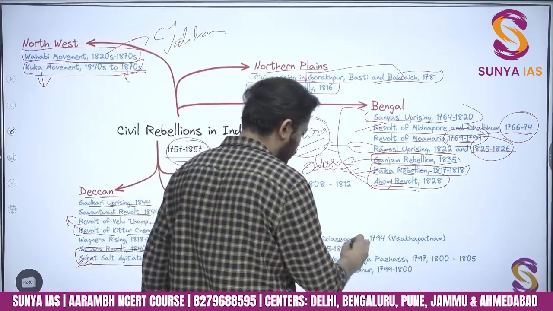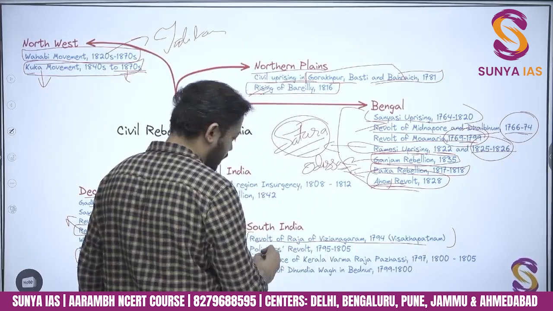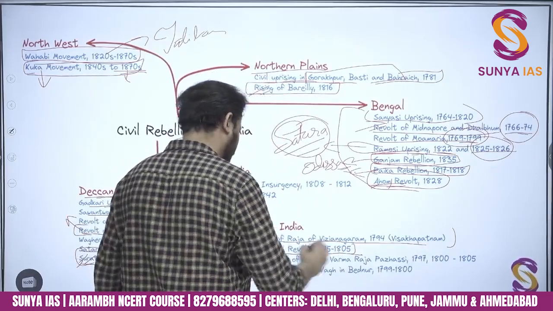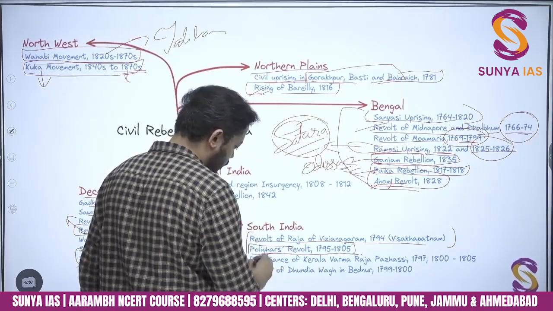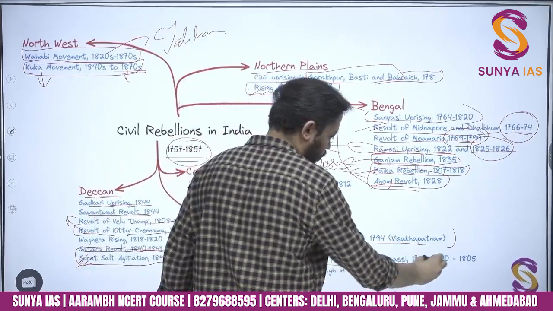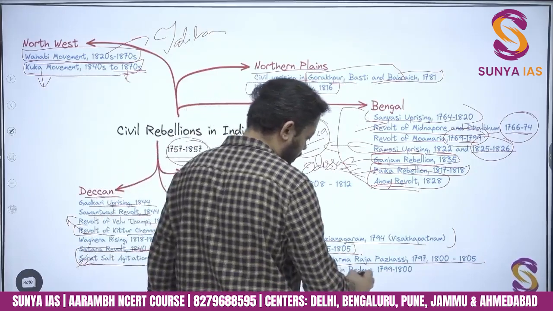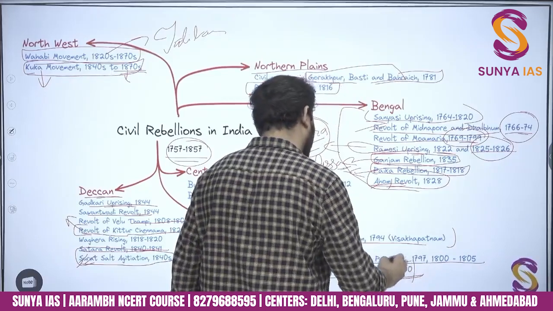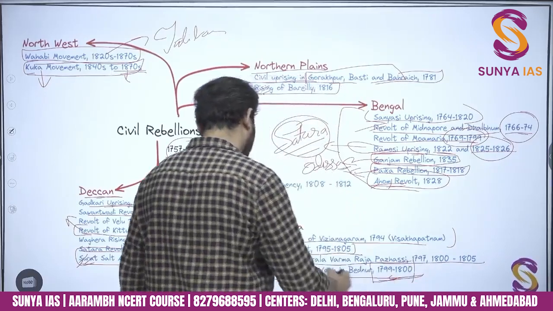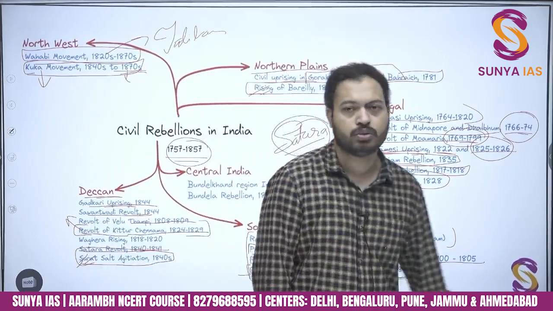The revolt of the Raja of Vizianagaram happened in 1794, after this. The Polygar revolts, 1795 to 1805. The Polygars were active in this region only, Kerala and nearby, what we call it now. The resistance of Kerala Varma Raja also happened in this region, at this time only. And the revolt of Dhundia Bagh in Bednur in 1799 and 1800. This was in the Karnataka region, immediately after the fall of Tipu Sultan.